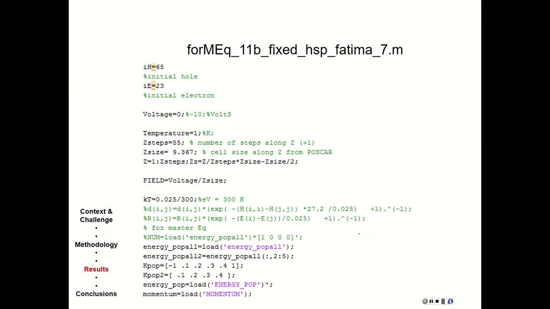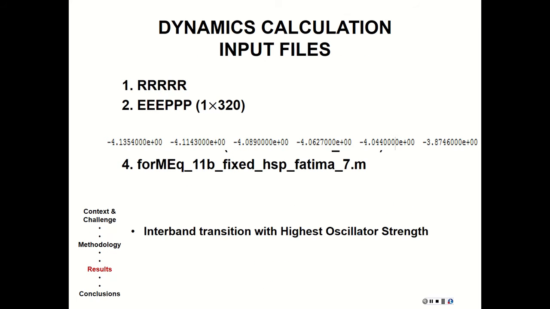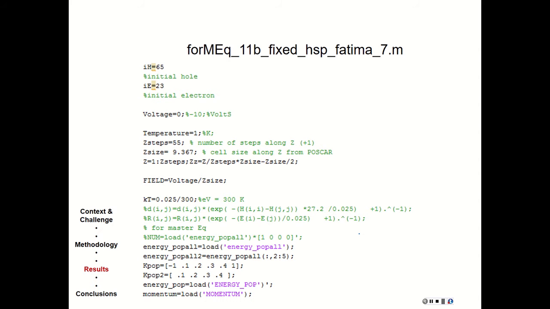And for calculating electron dynamics, I considered interband transition with highest oscillator states at each k point. This is just a portion of the MATLAB code.